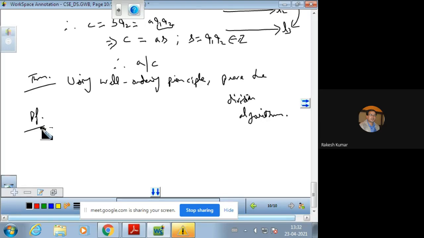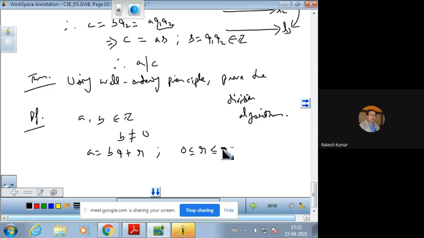By definition, if A and B are two integers and B is not equal to 0, then A can be written as BQ plus R. We already studied it.